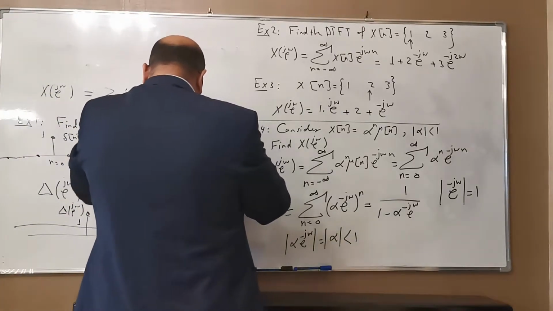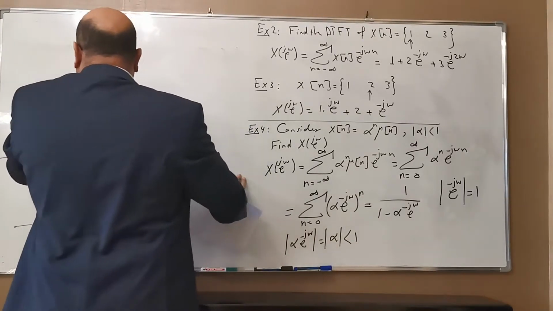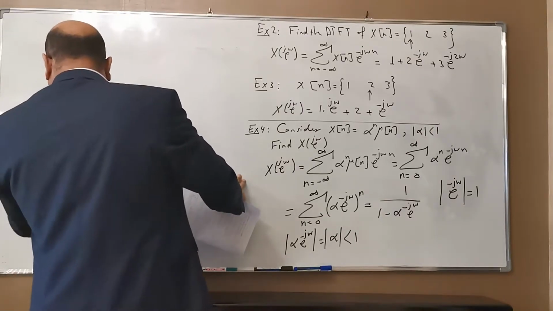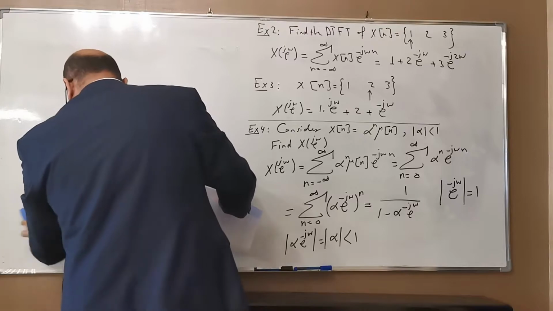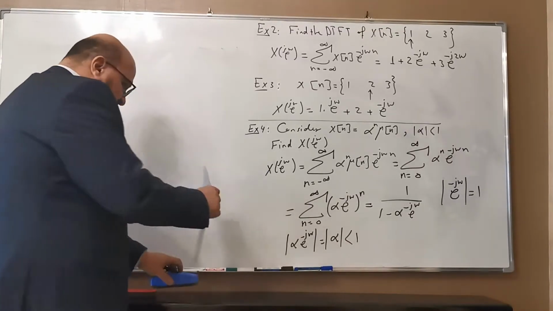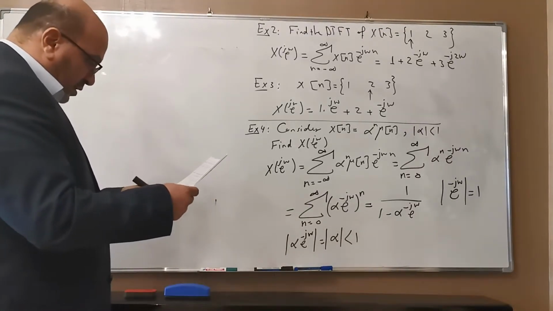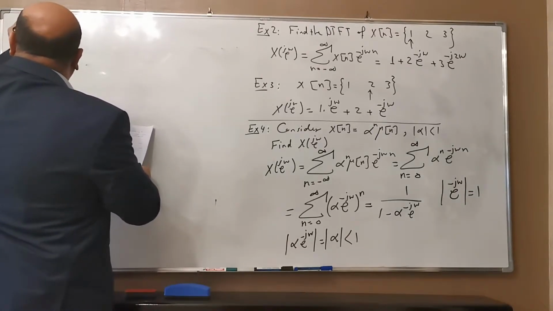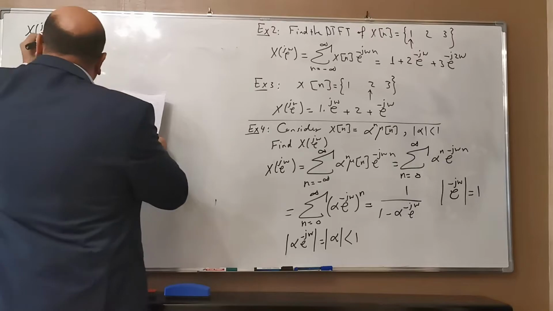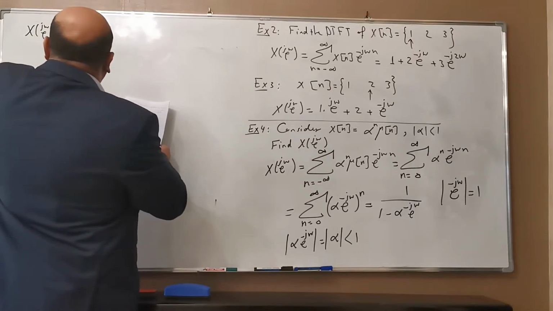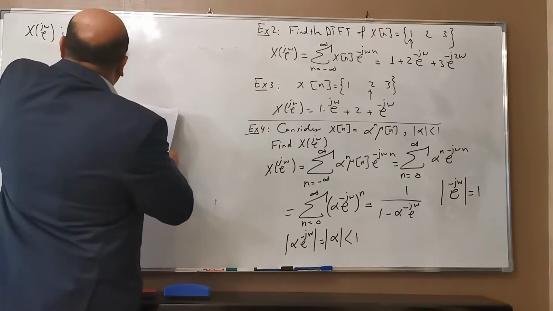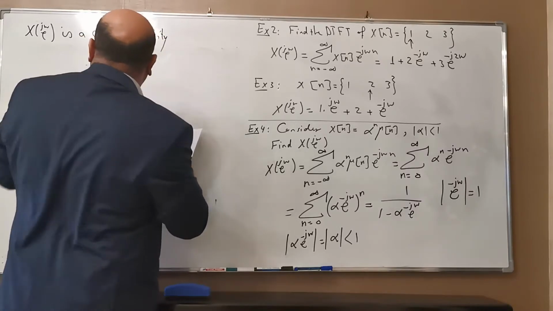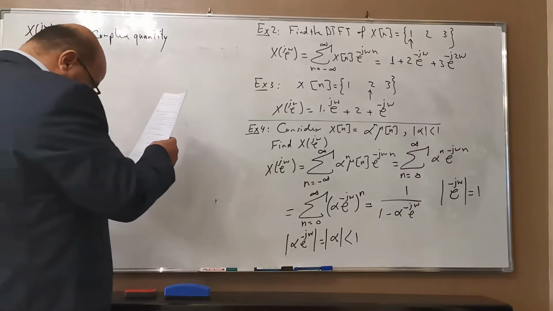What we need to notice here is that, generally speaking, X of e to the j omega is a complex quantity. A complex quantity is usually represented by its real part and imaginary part.